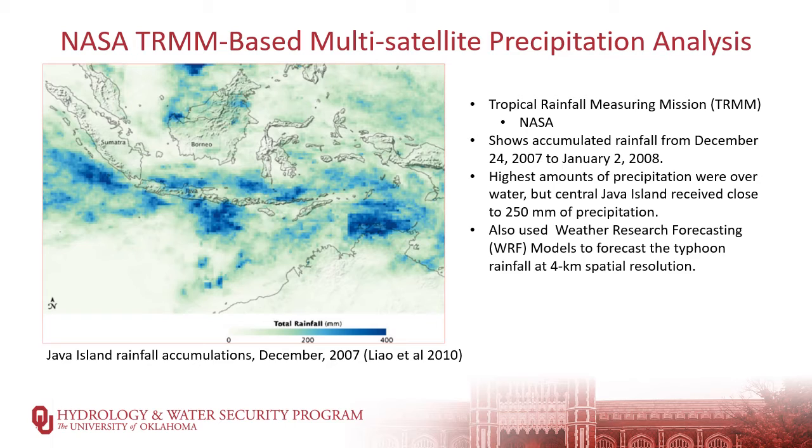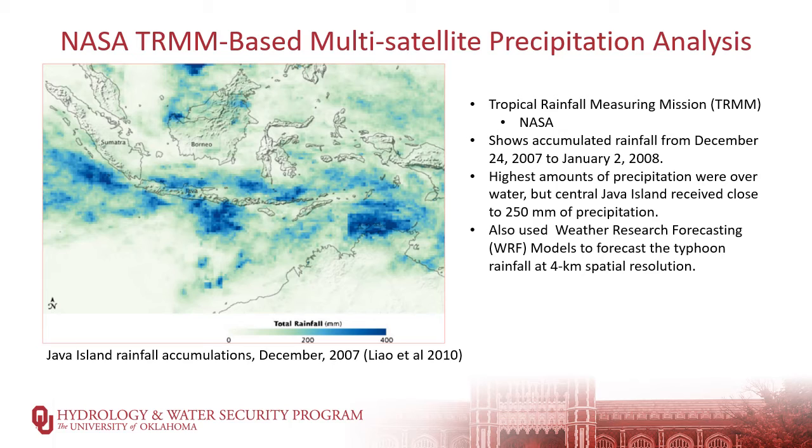This shows the NASA TRMM, which is the Tropical Rainfall Measuring Mission, and this is the precipitation map that was produced. In this figure, it shows the accumulated rainfall from December 24th, 2007 to January 2nd, 2008. The highest amounts of precipitation were, you can see they're over the ocean here.